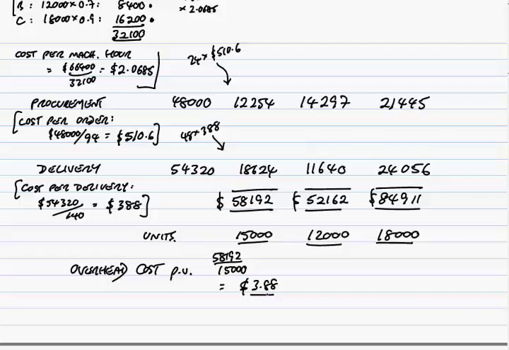To B, 52,162 divided by 12,000, $4.35. And finally to C, 84,911 over 18,000 units, $4.72.